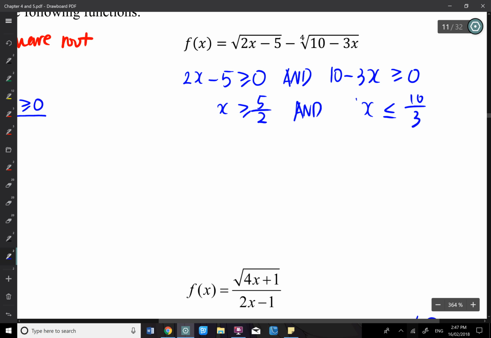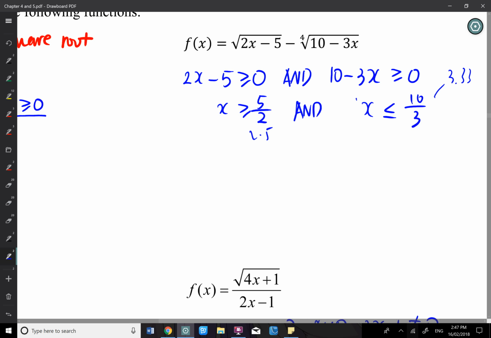First of all, you need to know which number is larger. 10 over 3 is 3.333 and 5 over 2 is 2.5, so 2.5 is smaller.